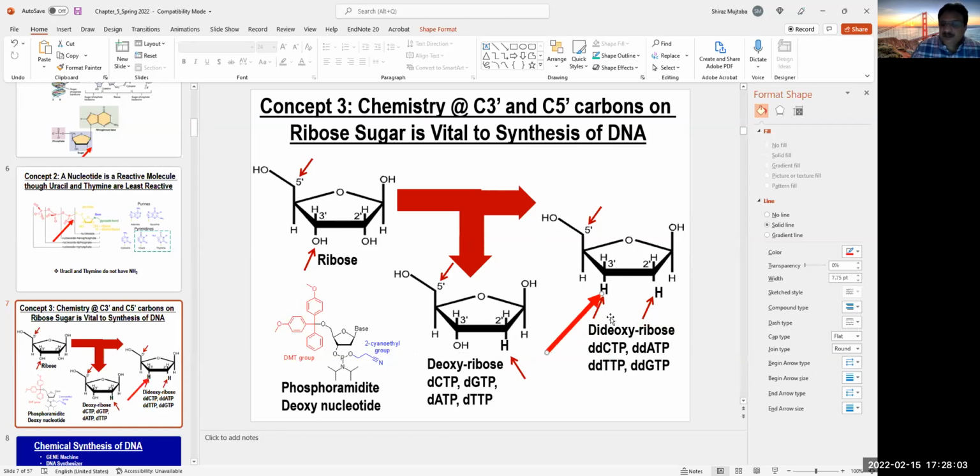So if I use this as a nitrogenous base, let's say this is dideoxy CTP. Wherever this is there in the form of dideoxy, the chain synthesis will stop. What do I mean here?